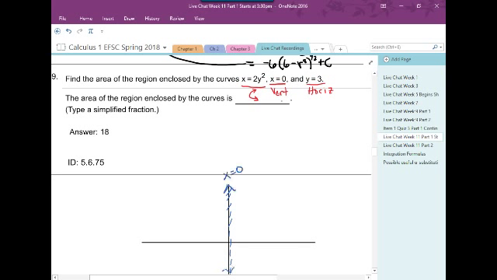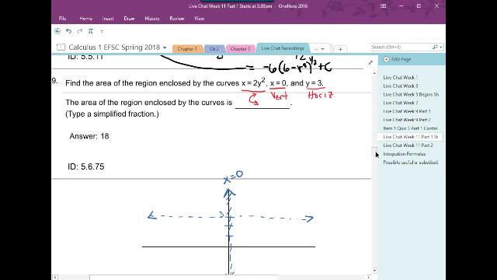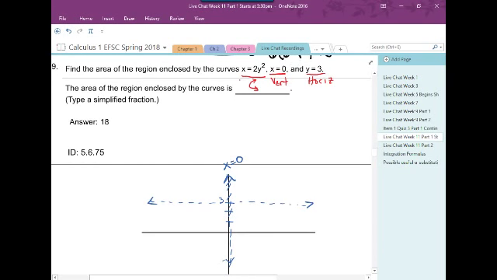Okay, and y equals 3 is a horizontal line through the y value 3. Doesn't really need to be dotted, but doesn't matter.